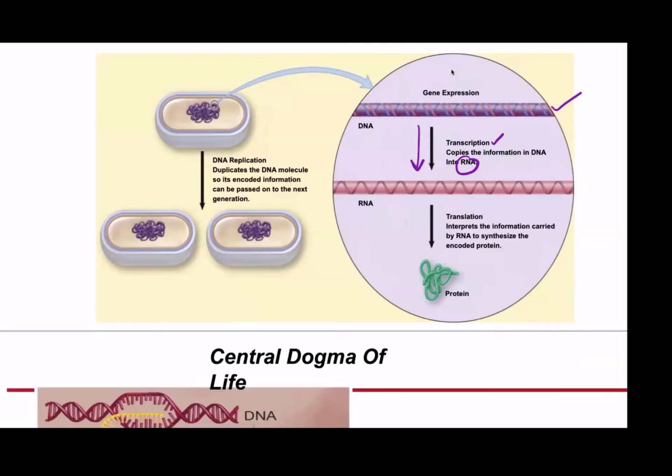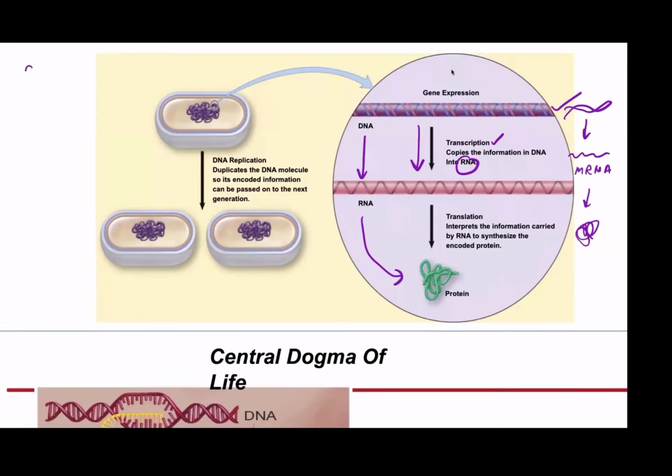You can see it's double-stranded here, then you make something single-stranded, which is mRNA, messenger RNA. It's like a message. And from messenger RNA, you make the protein. So there are 2 steps in gene expression and flow of information. We call it the central dogma of life, that it always goes from DNA to RNA to proteins.